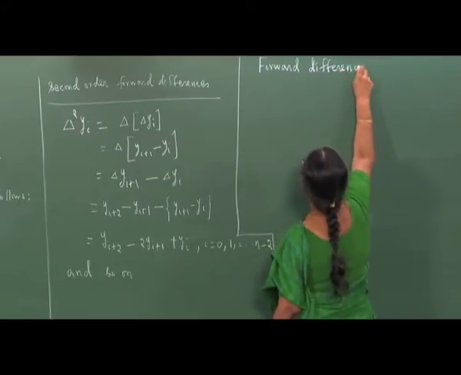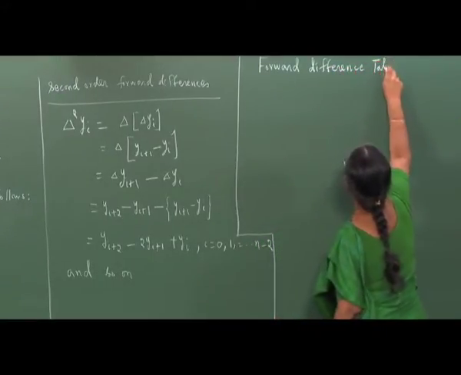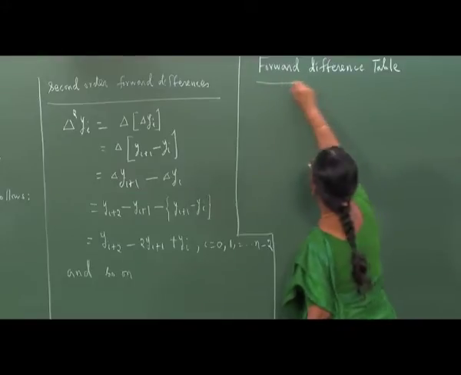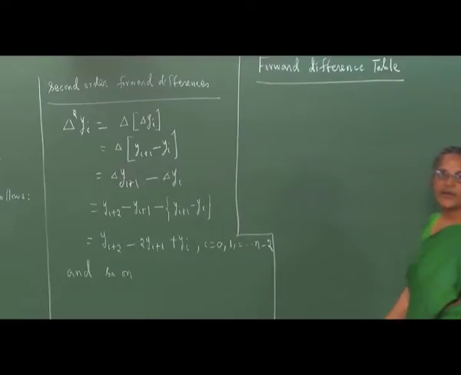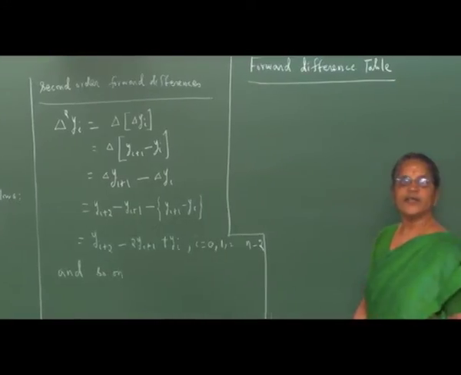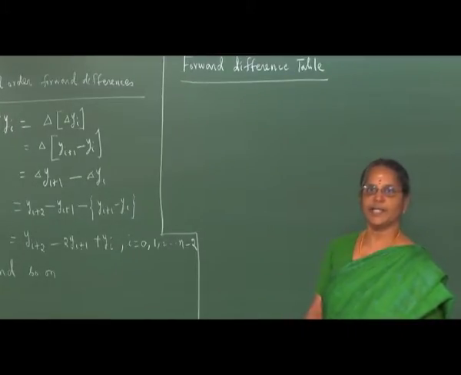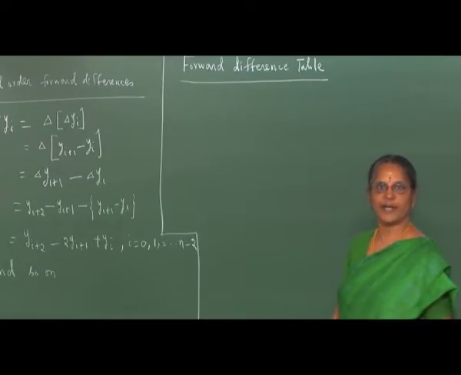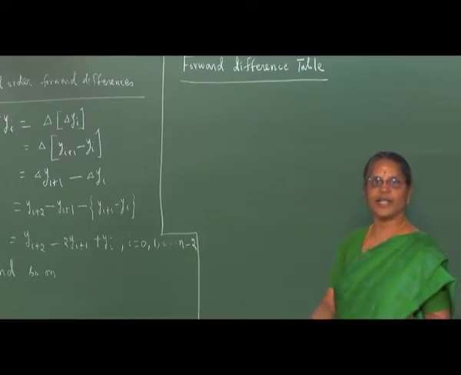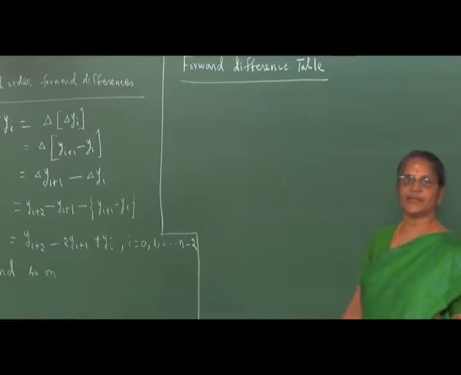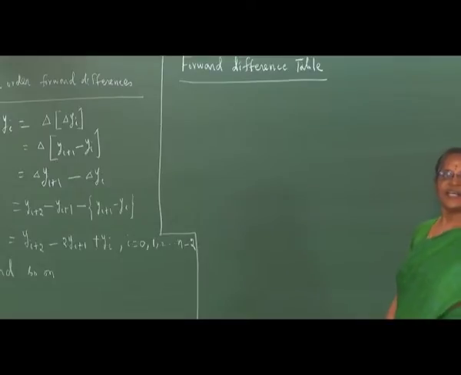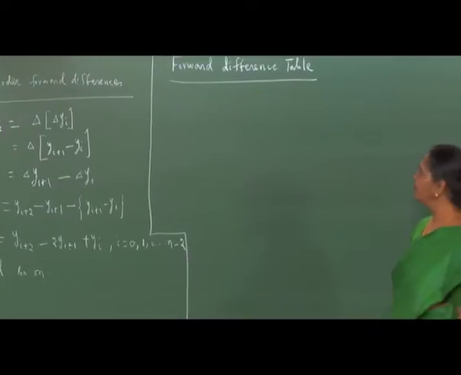Why is it needed? We will be using this table in writing down an interpolation polynomial of degree at most n when we are given a set of n plus 1 points. It is easier to write down the interpolation polynomial for a set of given discrete values.